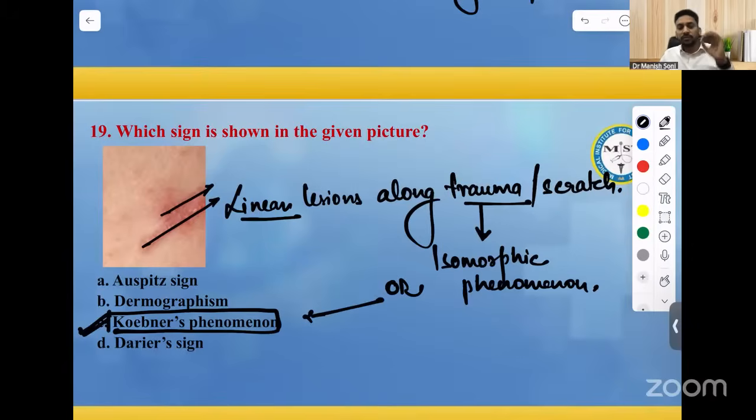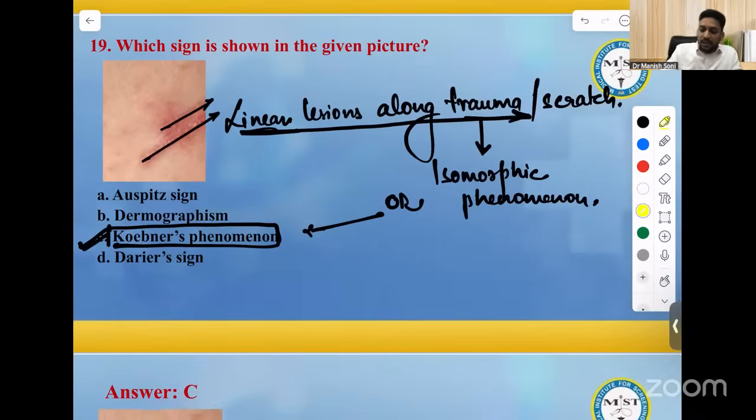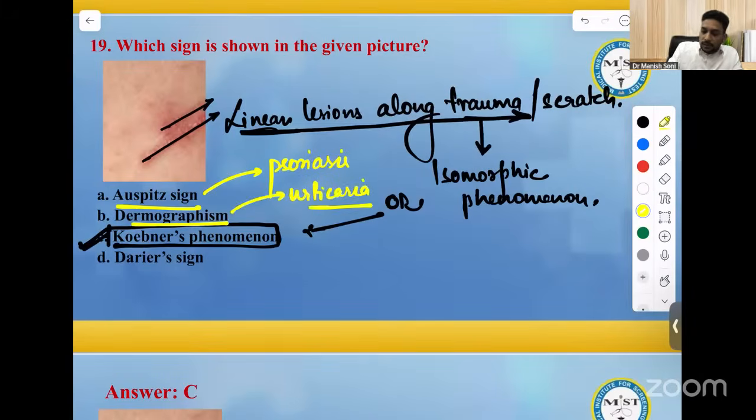And what is Koebner's phenomena? It is linear extension or the linear lesions along the line of trauma. Auspitz sign, I already told you, is seen in psoriasis. Dermographism is seen in urticaria. And Darier sign is seen in urticaria pigmentosa.